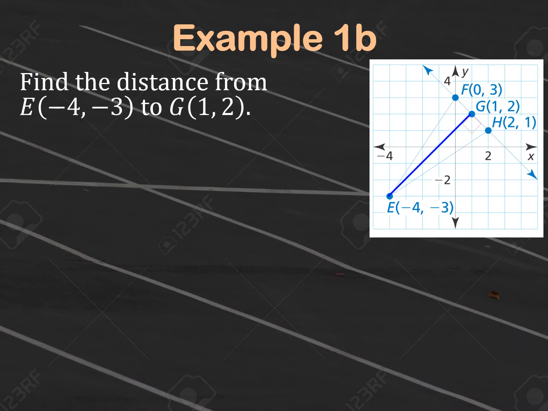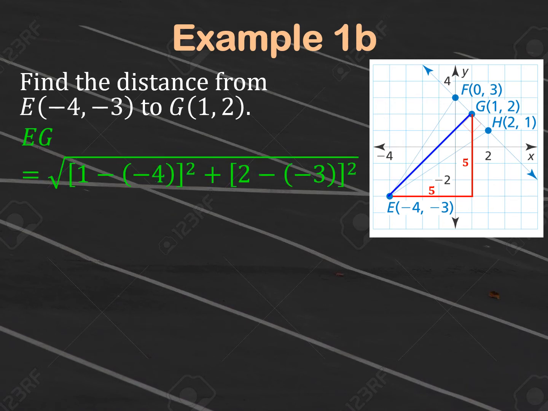So now we're going to use the distance formula again from point E, which is at -4, -3, to point G, which is at 1, 2. So again, if you construct a right triangle, you see that the width of the triangle is 5, the height of the triangle is 5. So if you were to use the distance formula, taking the difference in the x-coordinates, 1 minus -4 squared, and the difference in the y-coordinates, which is 2 minus -3 squared, you get the same thing as if you were doing the Pythagorean theorem.